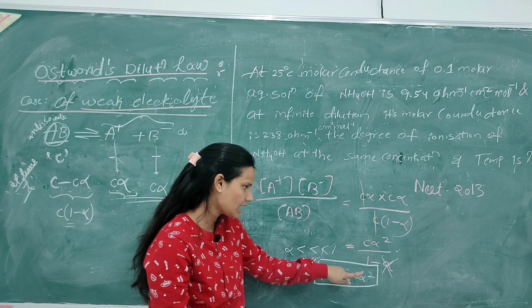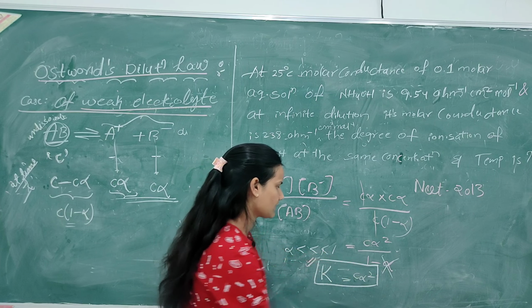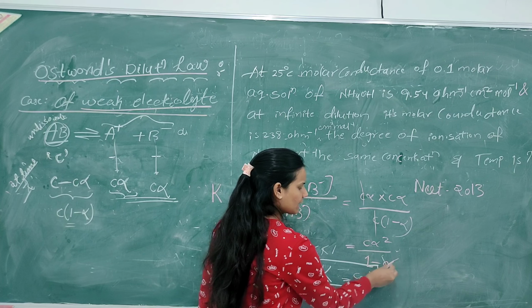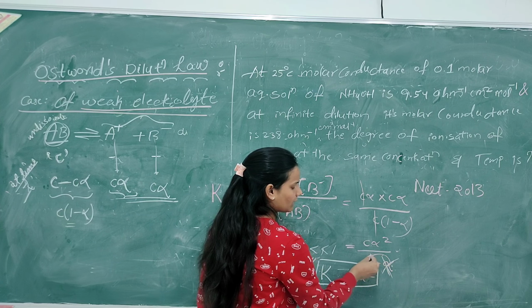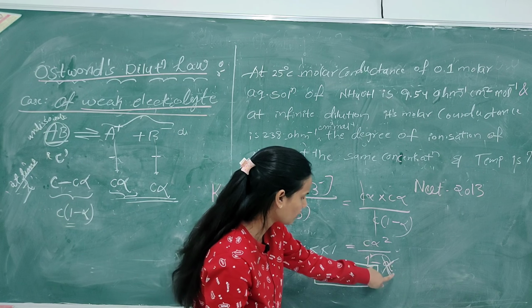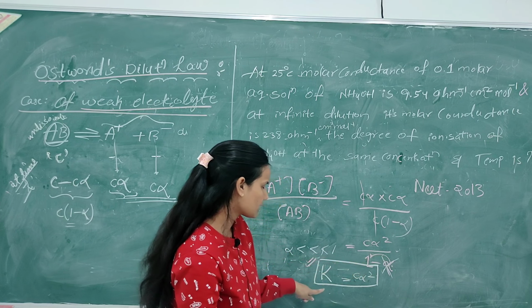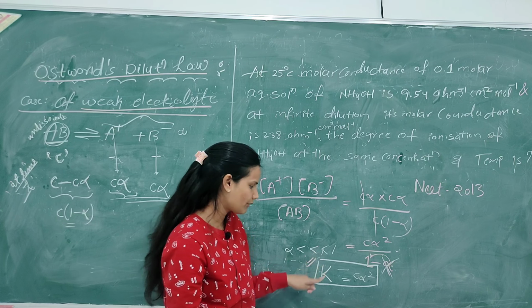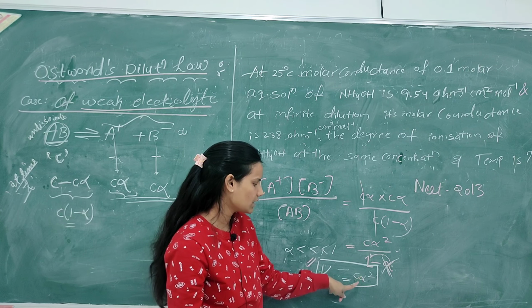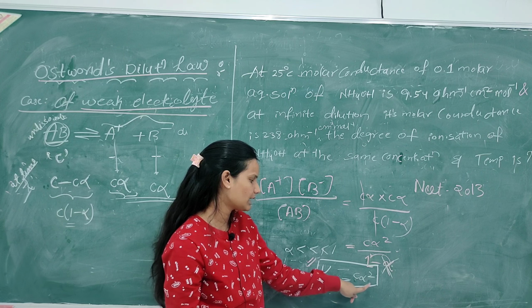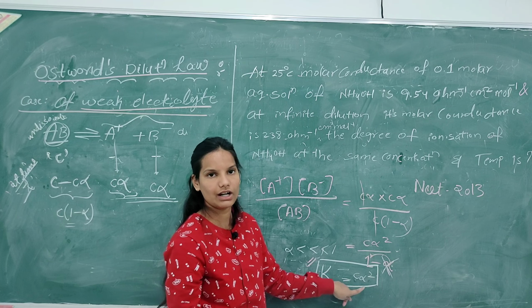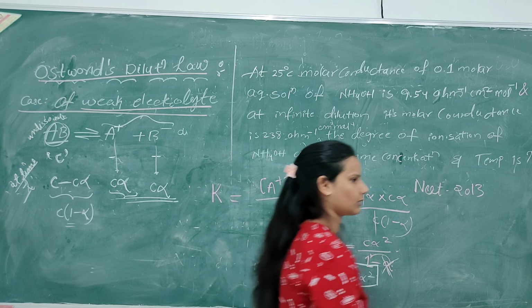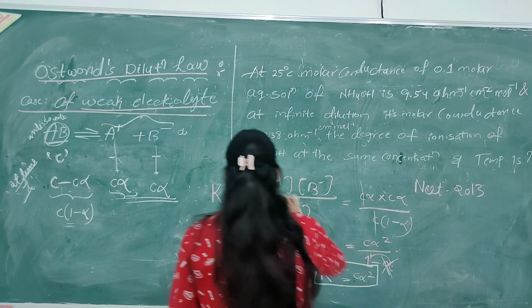It is very less, but here after subtracting it from 1, it is negligible, as compared to 1 it was negligible. So we simply ignored it, only 1. So the dissociation constant of a weak electrolyte is given by the initial concentration of weak electrolyte multiplied by the square of the degree of dissociation of the weak electrolyte. I hope you got my point.